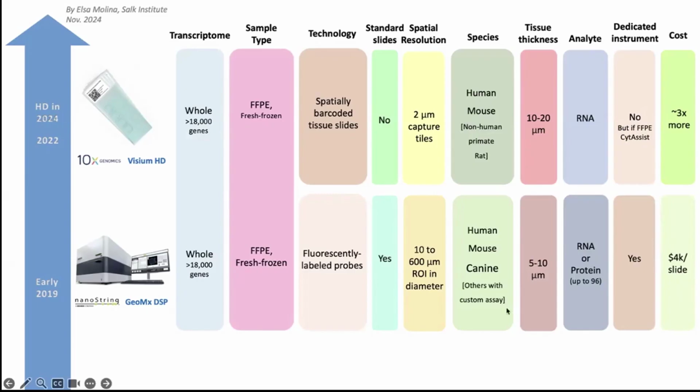For 10x Genomics, it's approximately 3 times more. So this is a very expensive assay compared to the GeoMx. But again, it depends on your project and your research question that is unique to your research project.